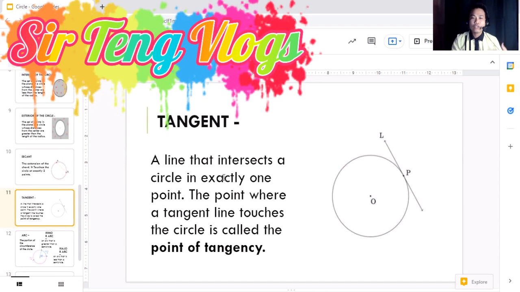The secant touches the circle at 2 points, but the tangent touches the circle at exactly 1 point only. The point where the tangent line touches the circle is called the point of tangency.